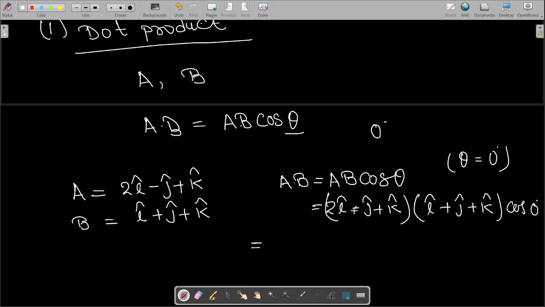The method to multiply this is to simply multiply the coefficient of i with the coefficient of i of the other vector.